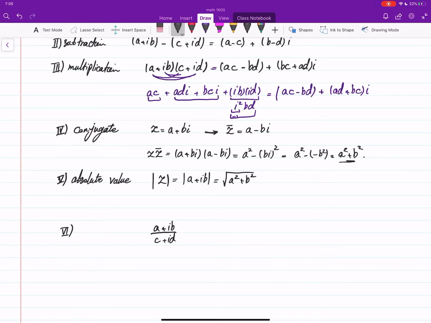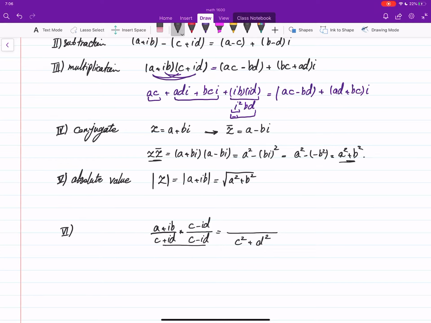What we do is multiply both numerator and denominator by the conjugate of the denominator. In the denominator you have the number multiplied by its conjugate, so you will get real part squared plus imaginary part squared.